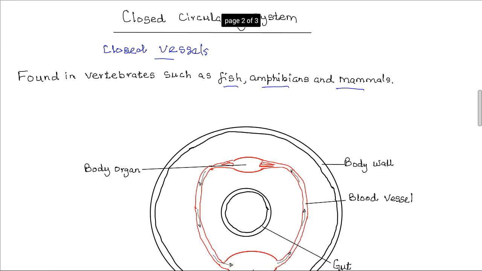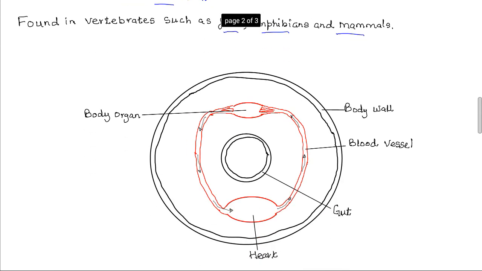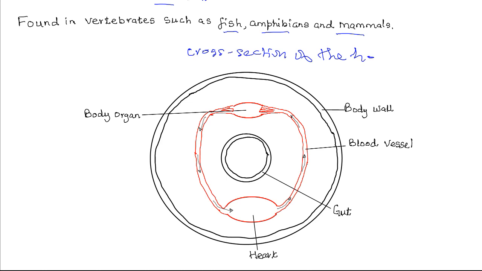Now, a cross-section of the body of a vertebrate shows this type of arrangement. This is the body wall and there is the gut.